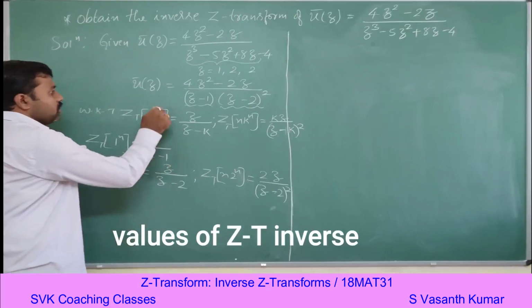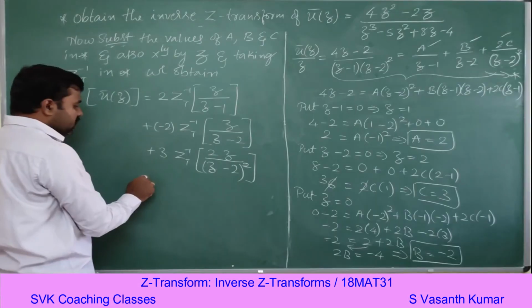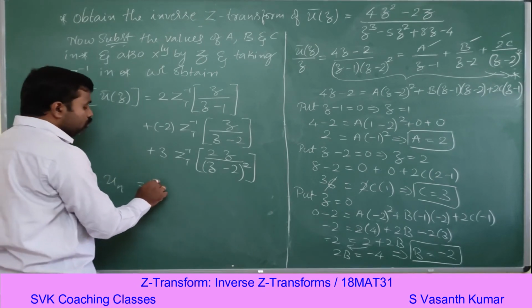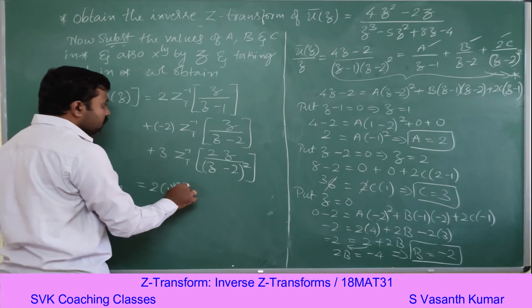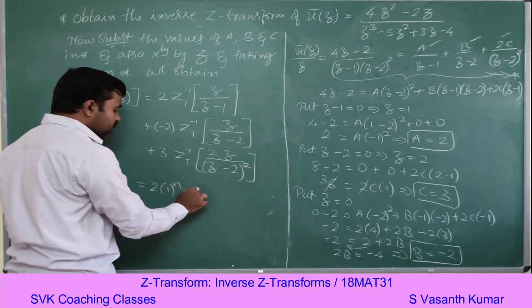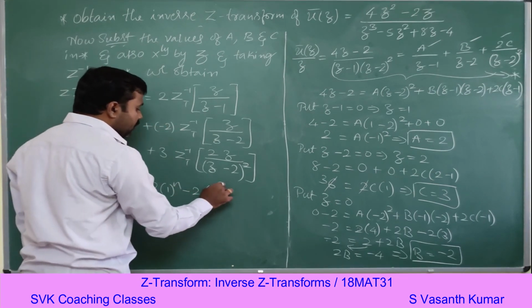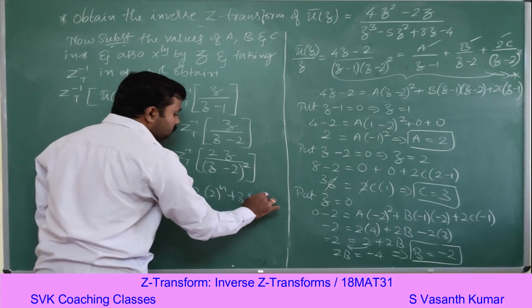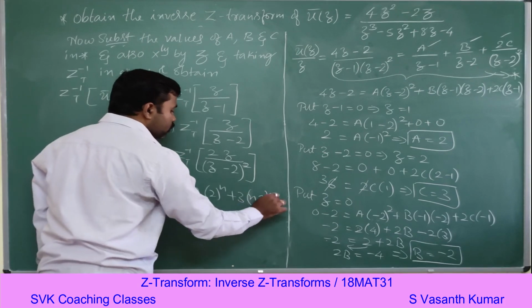So by looking at that, we can write u n as, therefore u n equal to 2 into 1 power n plus minus 2 into 2 power n plus 3 into n into 2 power n.